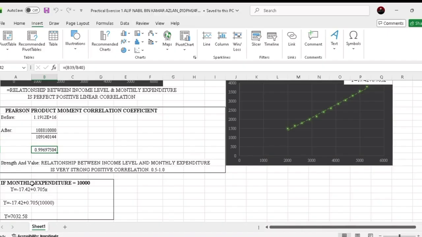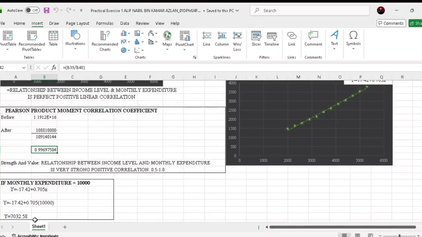So we insert the value of x that was given by the question, which is 10,000, and we get the value of y, which is y equal to 7032.58.